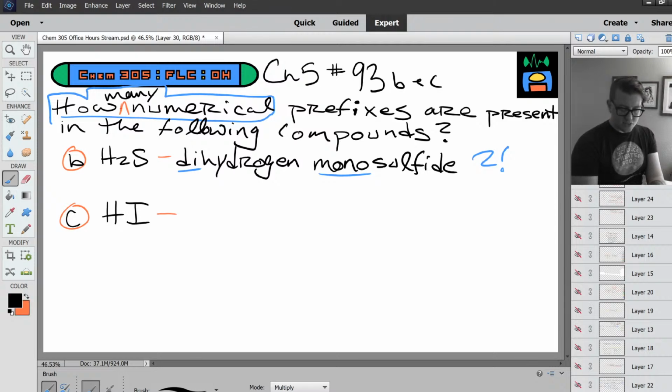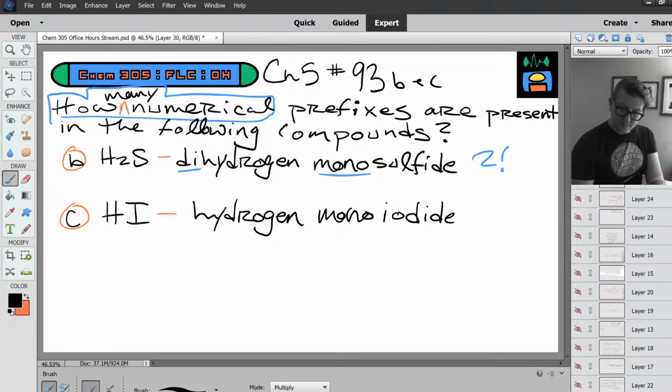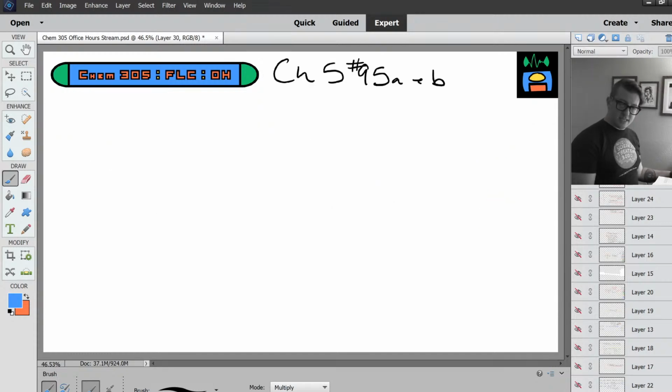For HI, this would be hydrogen monoiodide. So there's only one numerical prefix. Just one. All right, that would be 93, parts B and C.